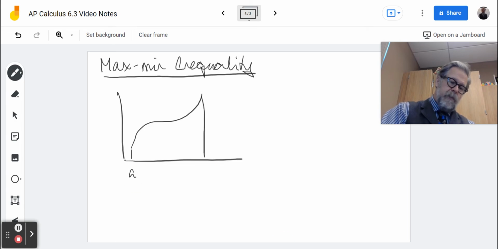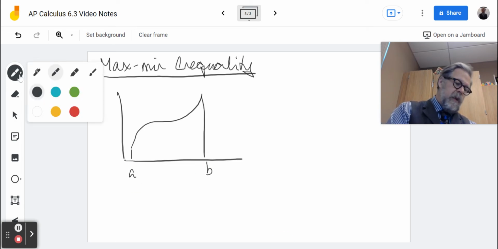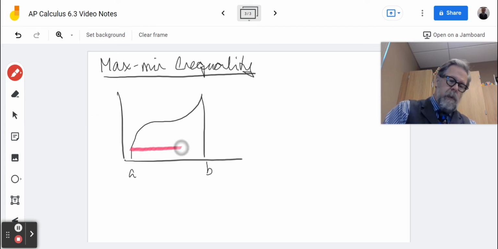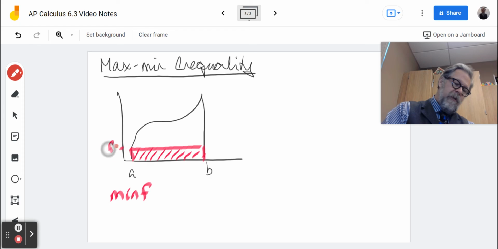Here's A, here's B. If the function were to never go above that height, then the area would have to be that, which means that the actual function has to be greater than that. So this is our minimum area, which is the minimum value of f times the width. It's a rectangle.